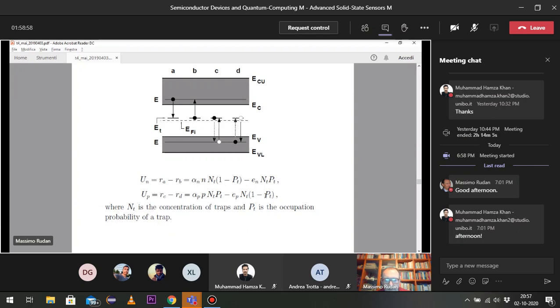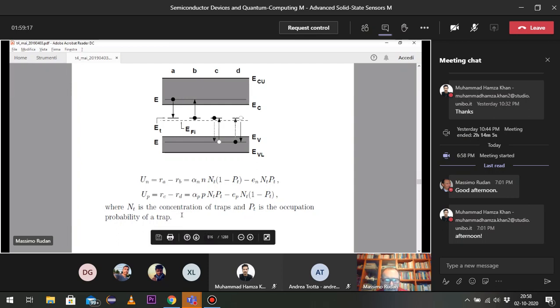So this PT is something that is unknown in a non-equilibrium condition. It becomes the Fermi statistics if we are in equilibrium, but in general it is unknown, okay?